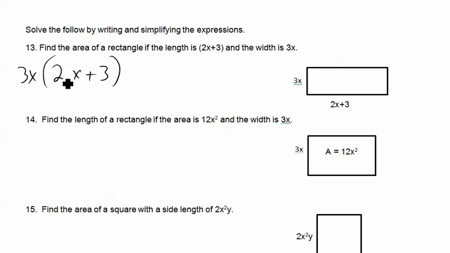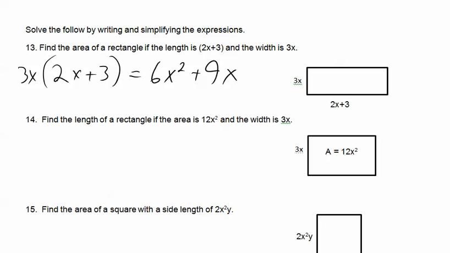So 3x times 2x, multiply the coefficients. 2 times 3 is 6. Add the exponents. So this is 1 and this is 1, so it's going to be x squared. Then we multiply the coefficients, so 3 times 3 is 9, plus x. Well, there's only one x, so that's all we have.